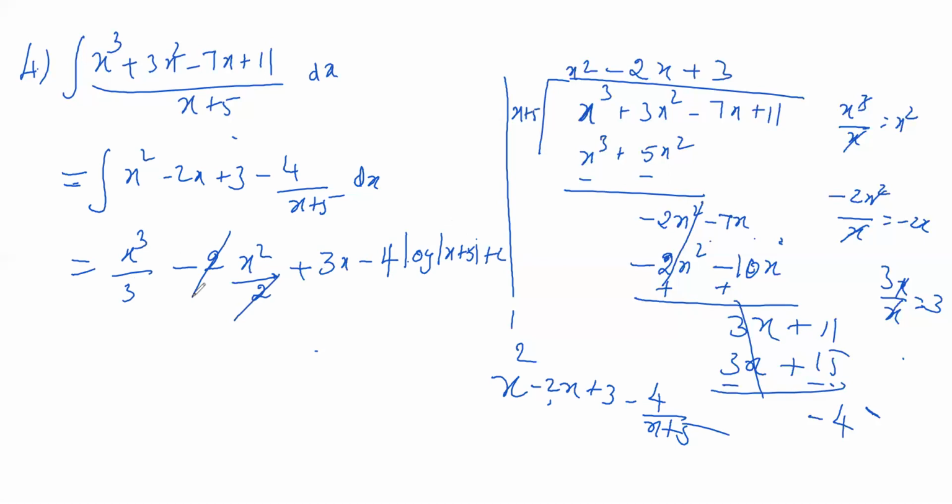Here the 2 gets cancelled. So the answer for the fourth one is x cube by 3 minus x squared plus 3x minus 4 log of x plus 5 plus c. Yes?